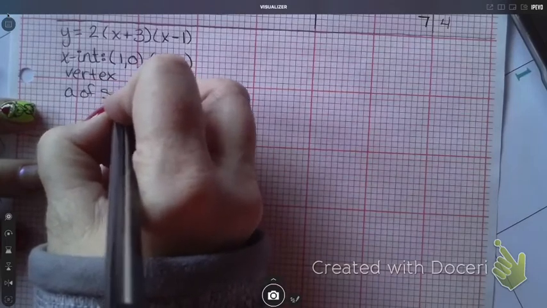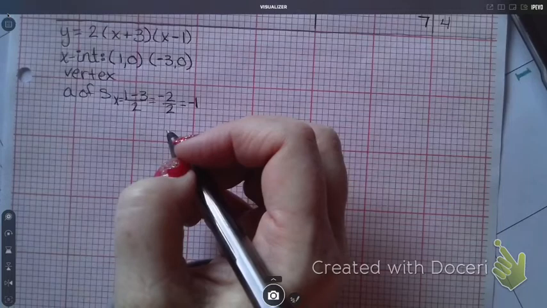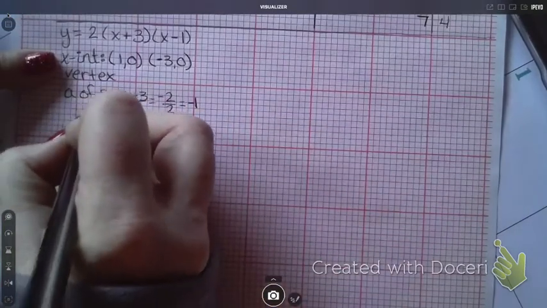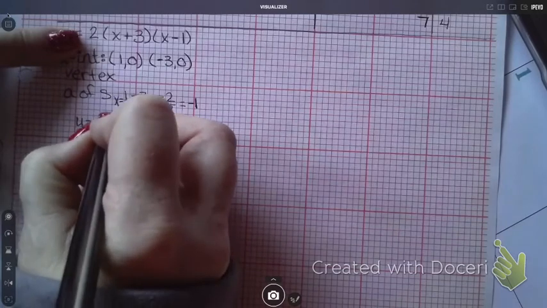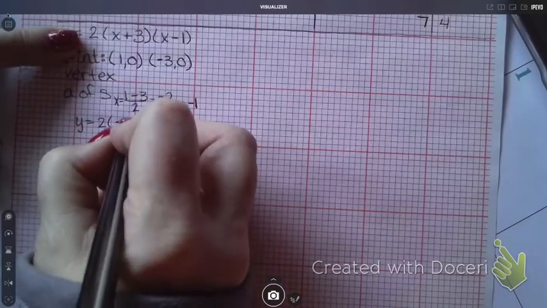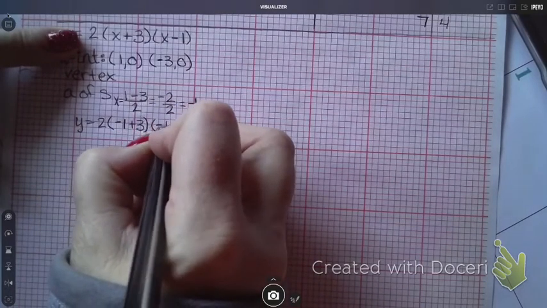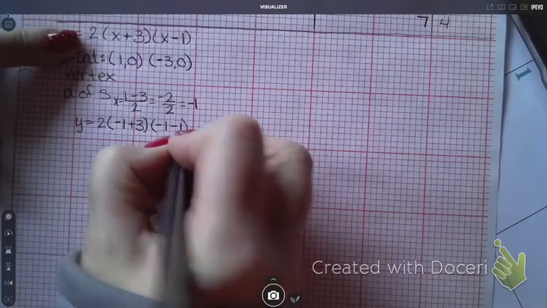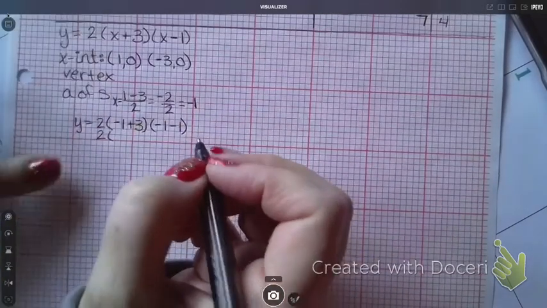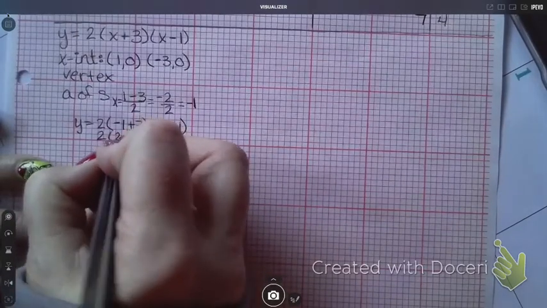How am I going to find the y? Plug it back in, right? So the y would equal 2 times x plus 3, where x is negative 1, times negative 1 minus 1. So that's 2 times, what's negative 1 plus 3? 2.